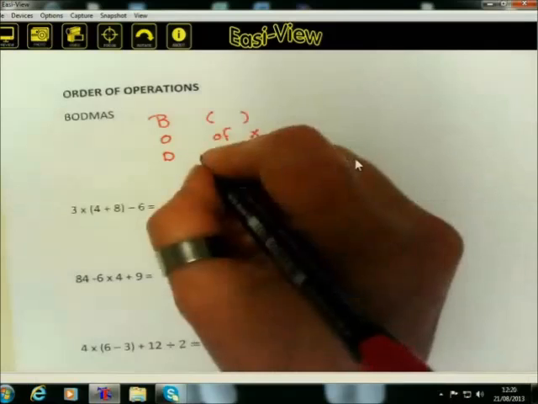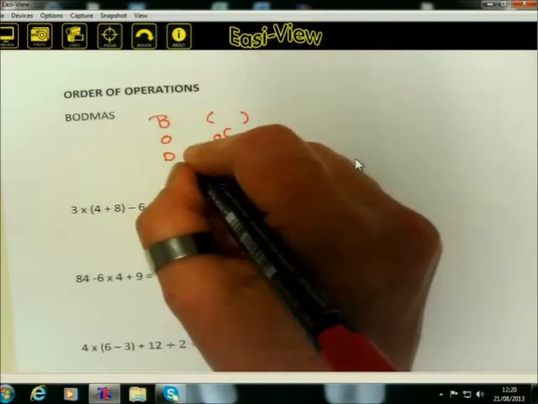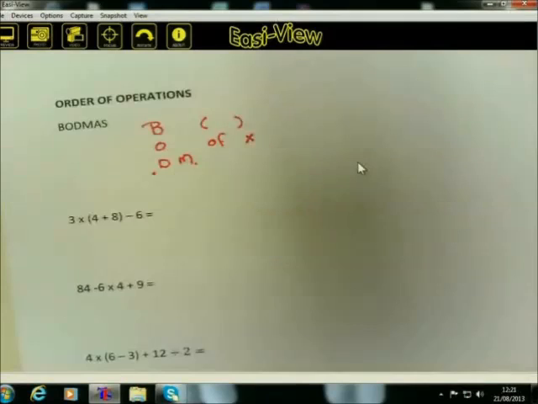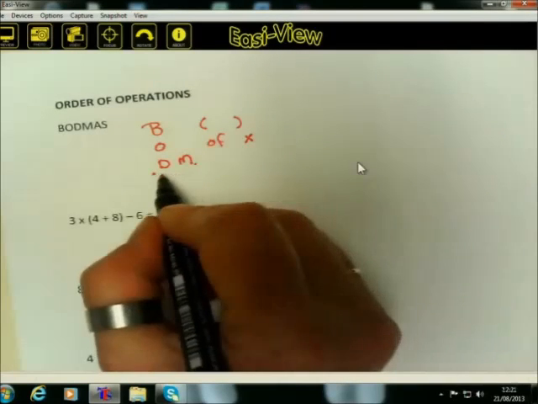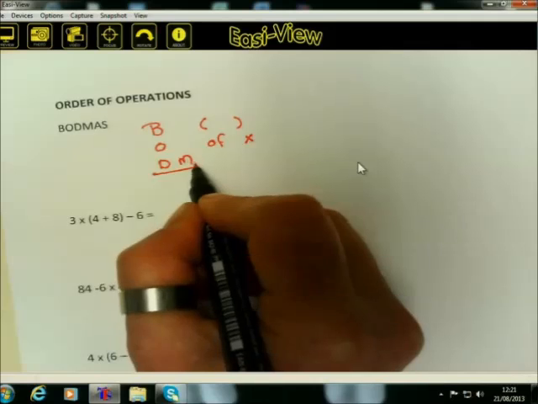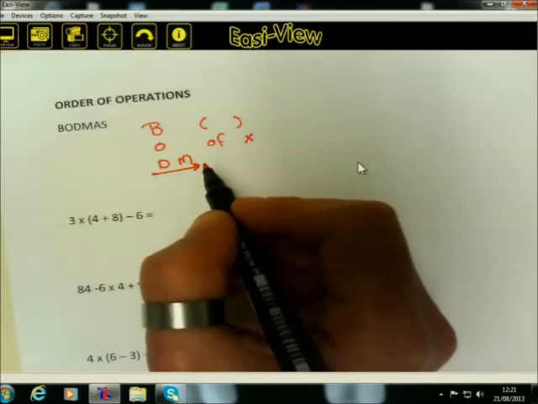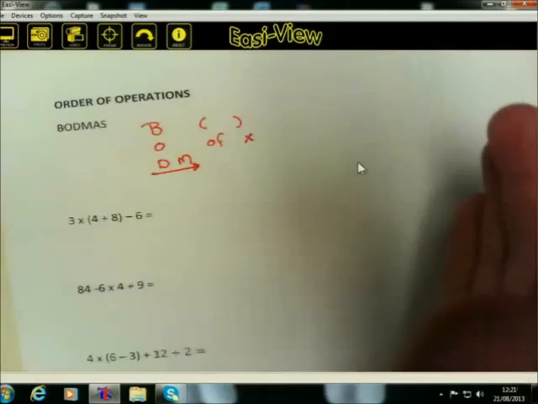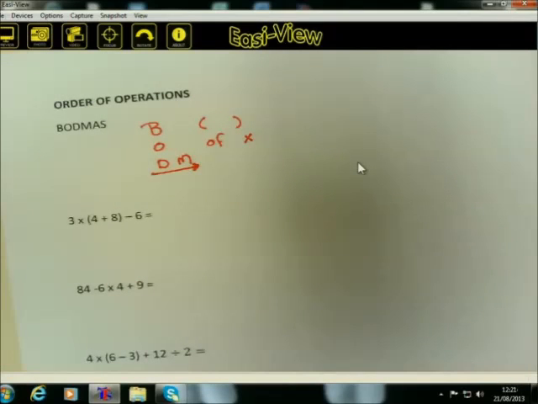Now, when it comes to division and multiplication, it is very important to remember that we are doing them simultaneously. And we do them in the order as we find them from left to right in a calculation. I'll illustrate that to you a little bit later on.